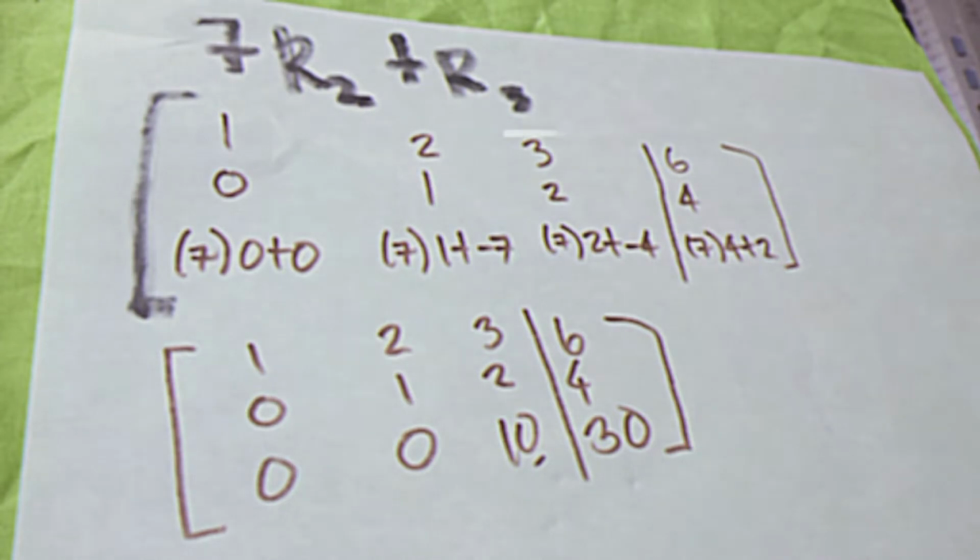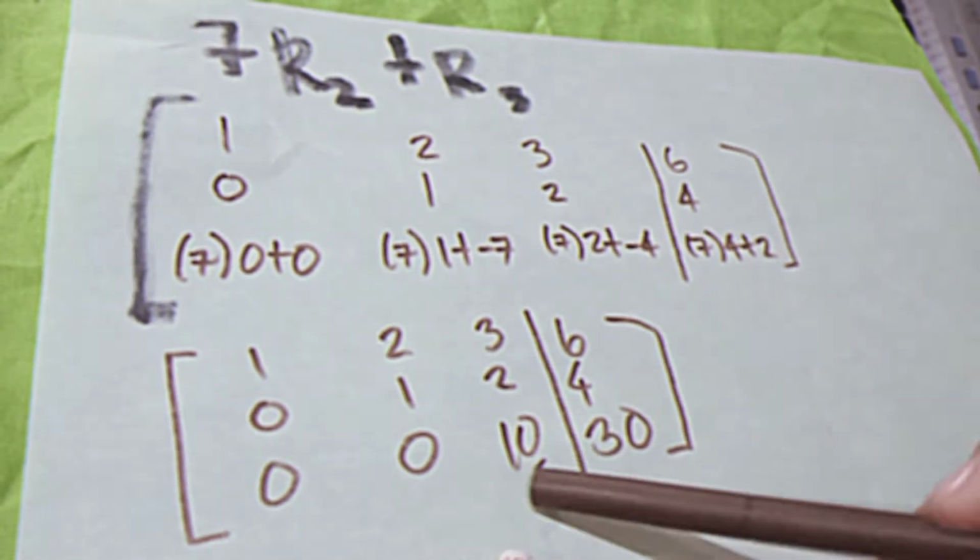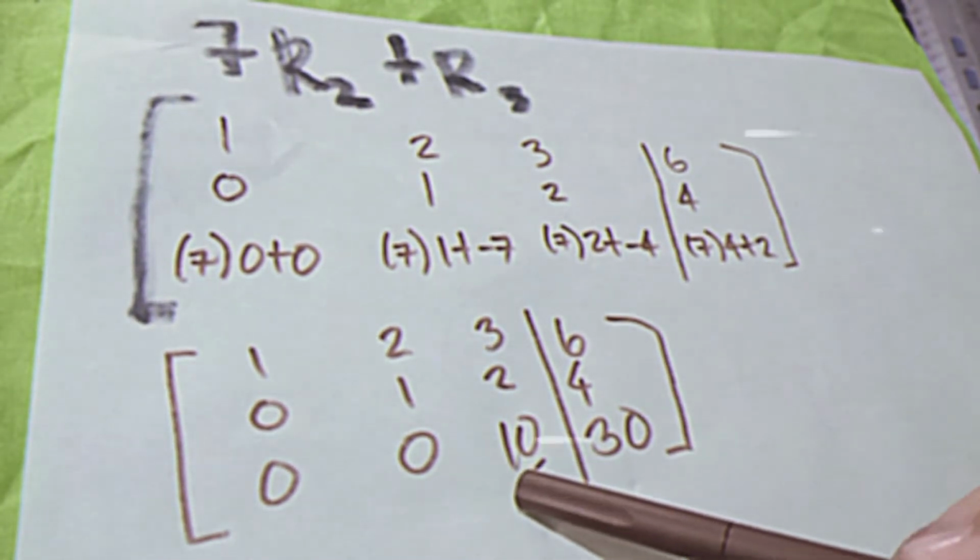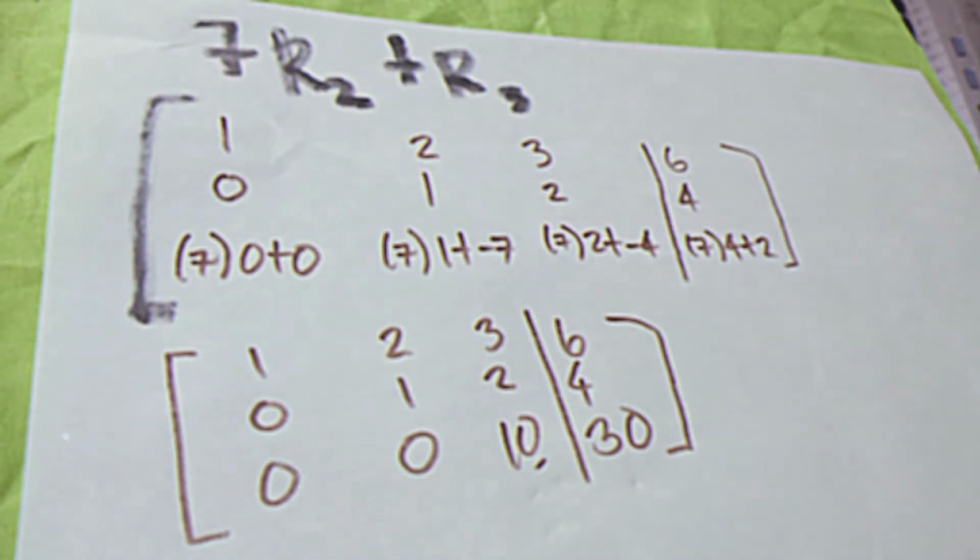So, we need to multiply the third row by 1 over 10.